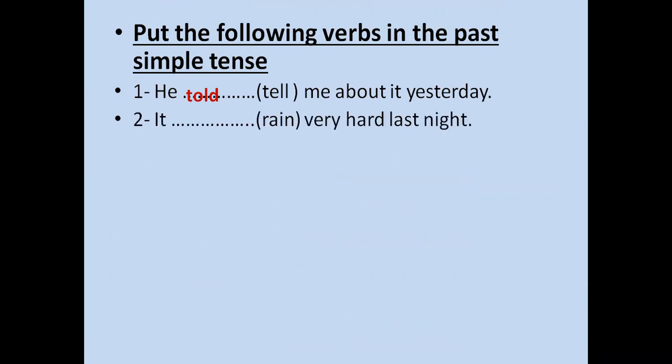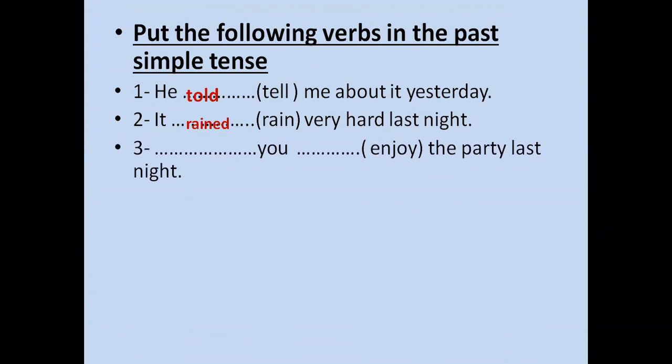Number 2, it rain very hard last night. The past of rain is rained. Excellent. Number 3, space enjoy the party last night. So in this question, we put the form of questions in past simple.